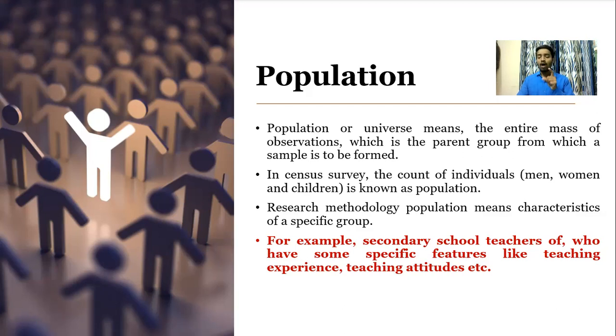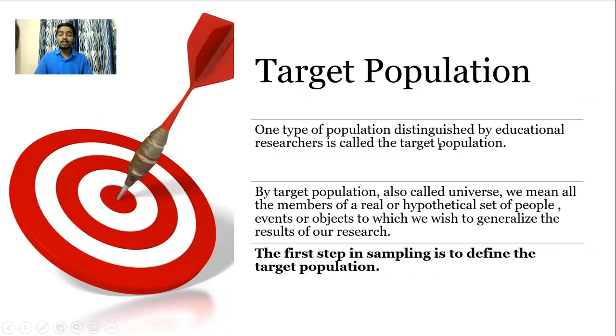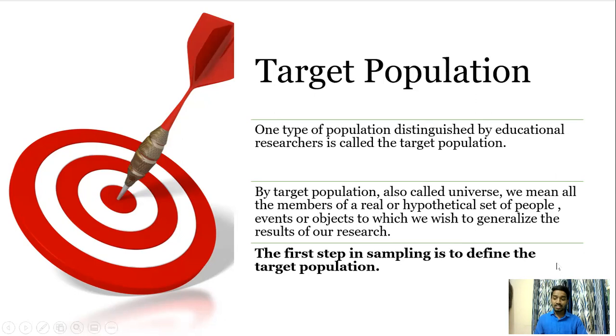Population plays an important role in our entire research, we know that. But how is a target population different from a population? Let us look into that now. A target population is distinguished by particular characteristics. The particular characteristic can be the nature, category, or their group of preferences.